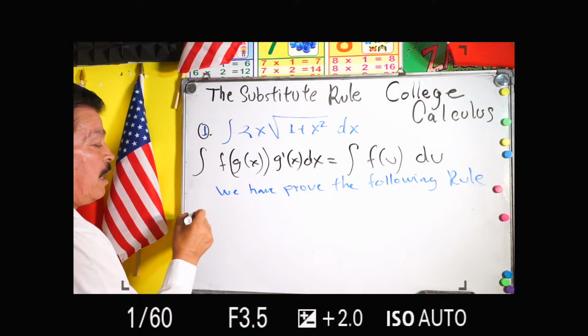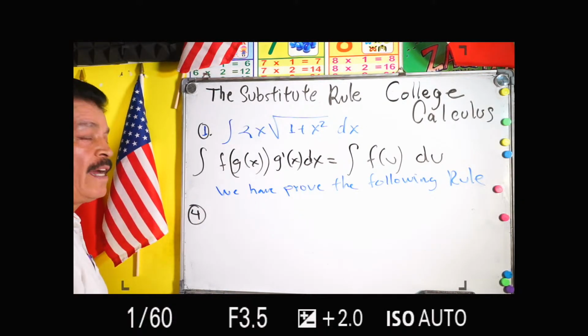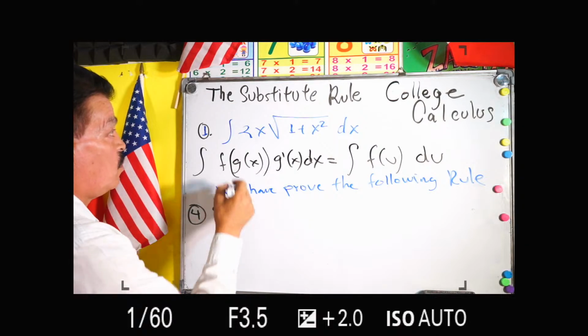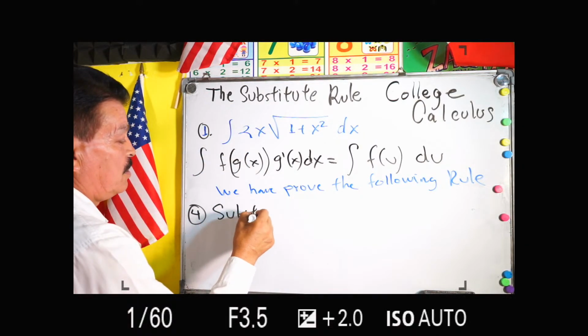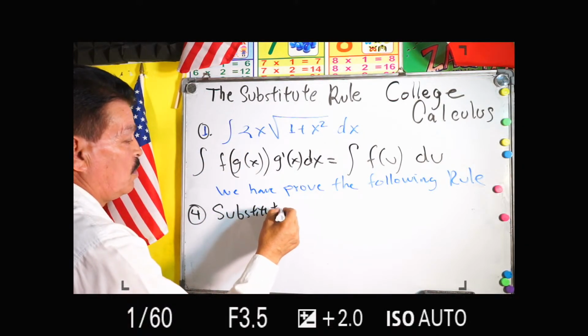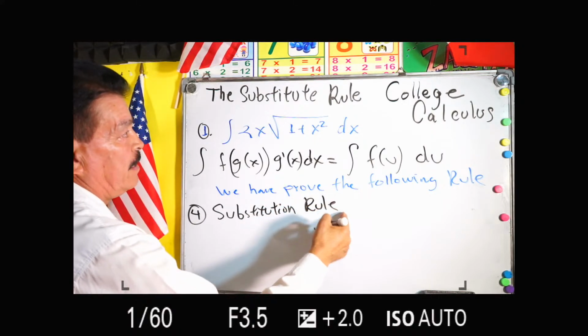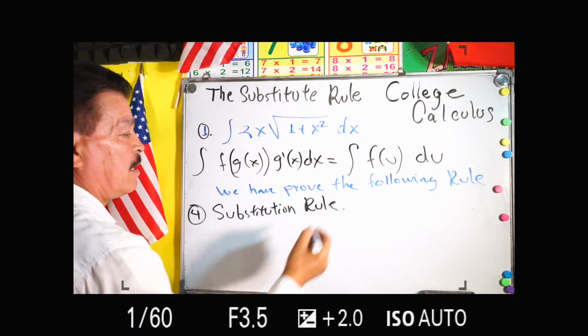So we will have number 4. This is the substitution rule. That's the one that I want you to see.